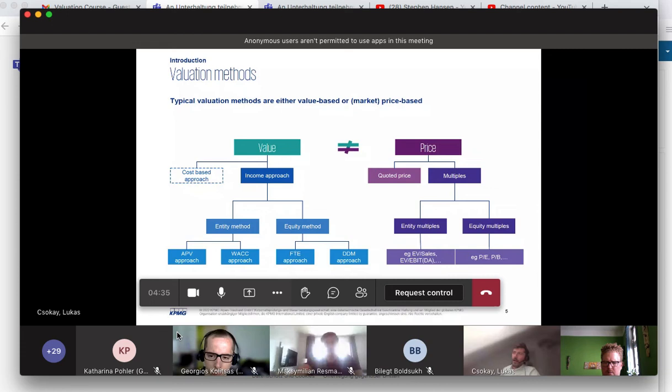And on the right-hand side, we have more market price-based valuation techniques. So on the left-hand side, we have value-based ones, on the right-hand side, price-based ones.